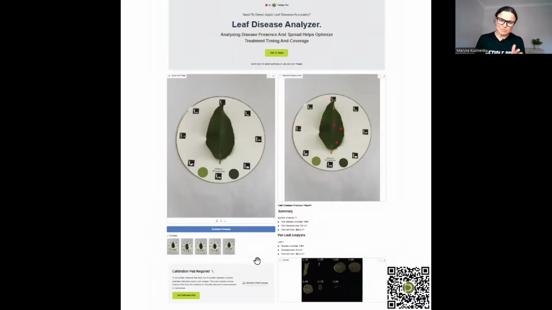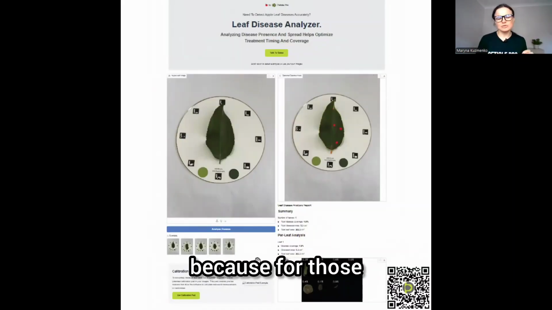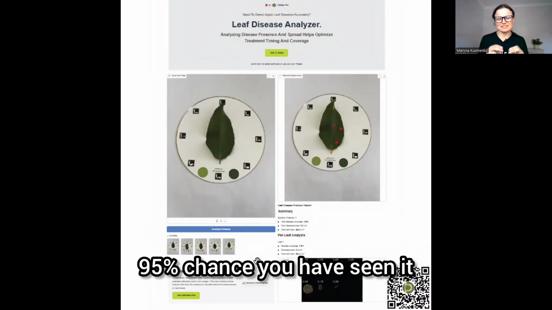So, the problem. Just a brief introduction to apple scab, because those who work with apple scab know what it is, but for those who don't, there's probably a 95% chance you have seen it.